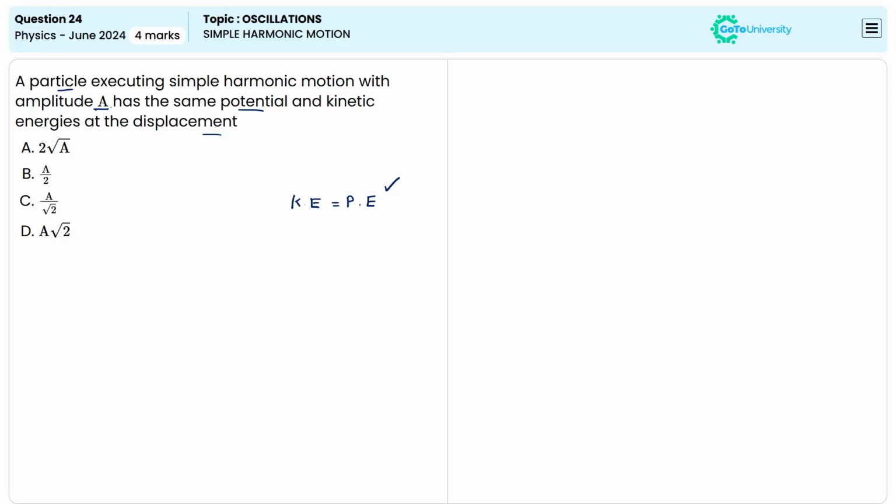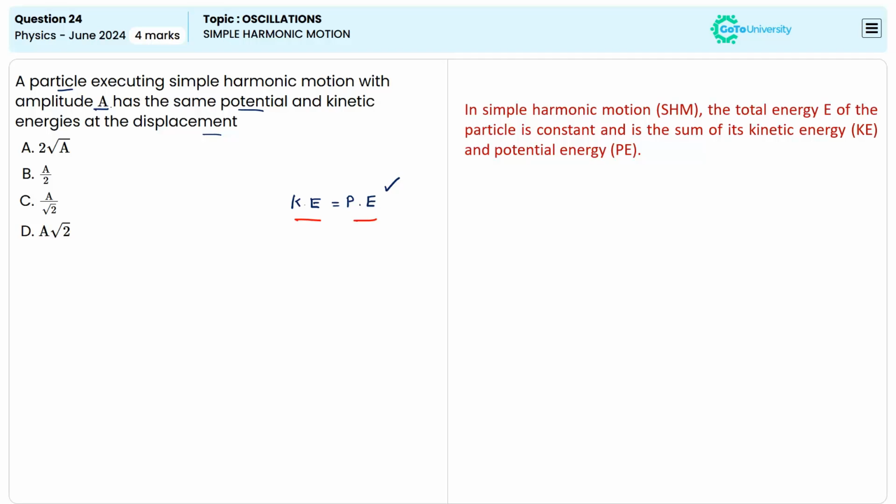For this, first we need the value of kinetic and potential energy. For that, we are going to use the concept of total energy in a simple harmonic motion. It's known that in simple harmonic motion, the total energy of a particle is constant and it will be equal to the sum of kinetic energy and potential energy.